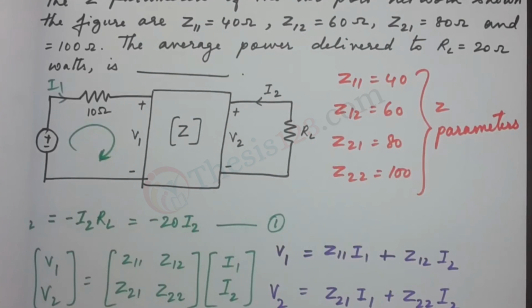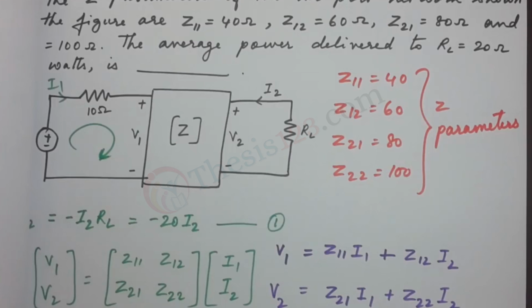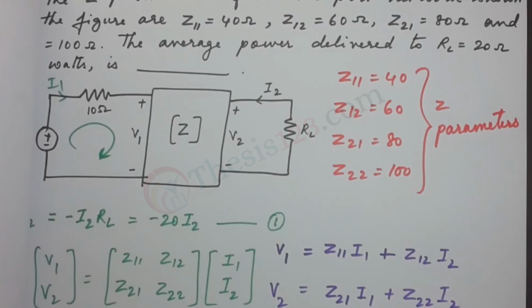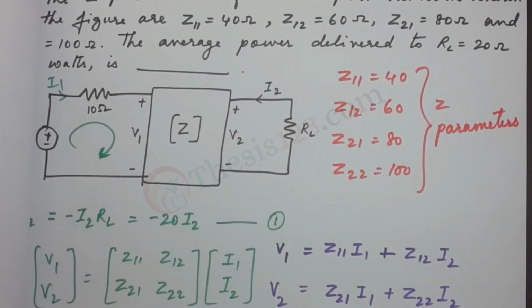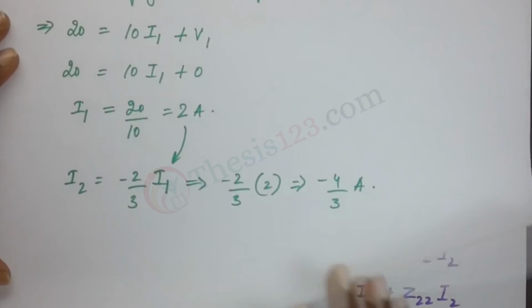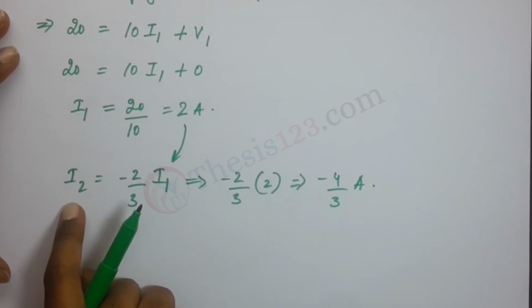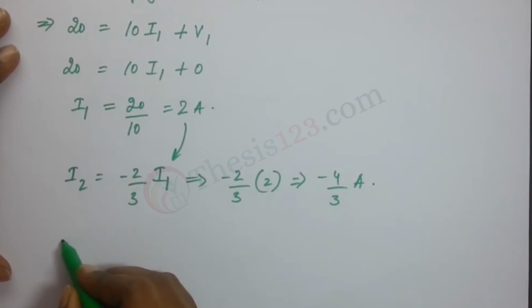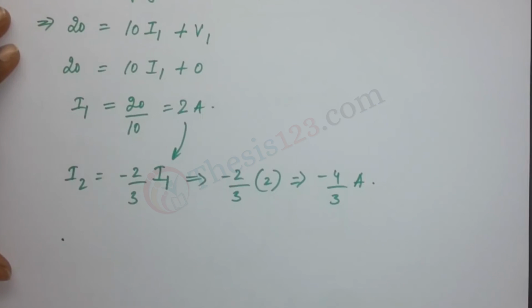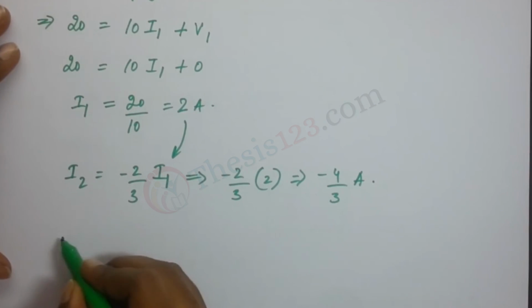So the voltage and the current across that resistance is what we need. And we see from the figure that the voltage is V2 and the current is I2. We have our I2 here. We also have the relation of V2. Right, so in fact, we don't need V2. Let's just use RL instead.